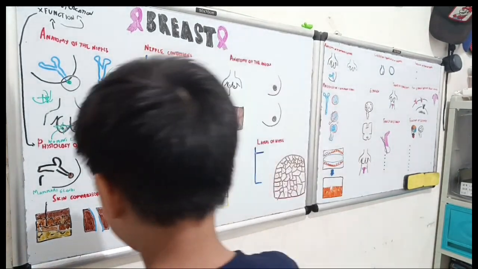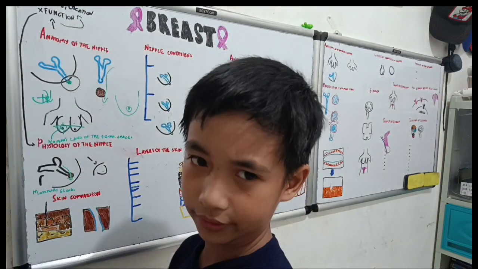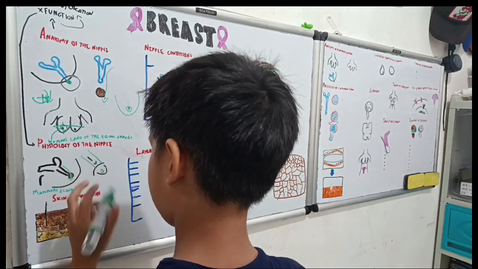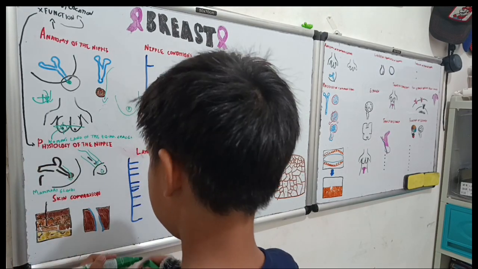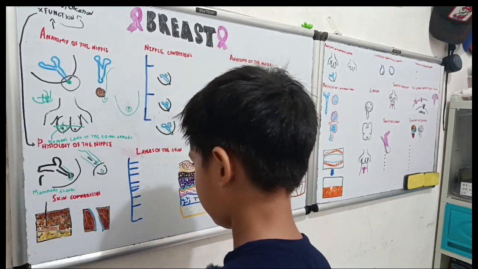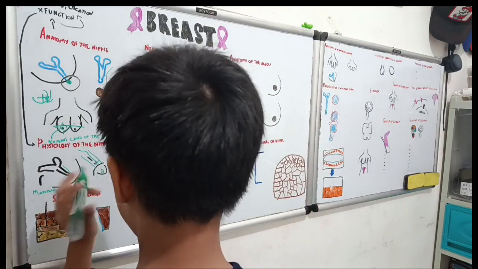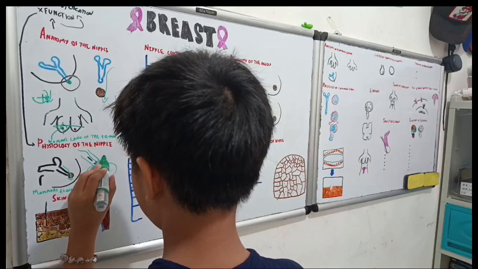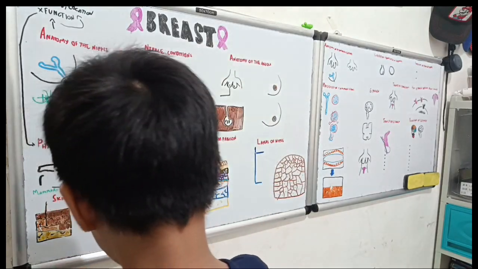What's wrong with it? It's gotta go through the hole in the nipple, right there. There's a little small hole right there for the lactiferous duct to go in. So that's basically the physiology of the nipple. This is just the nipple, but it's made of the epidermis and dermis. That's actually a really creepy thing about the nipple.